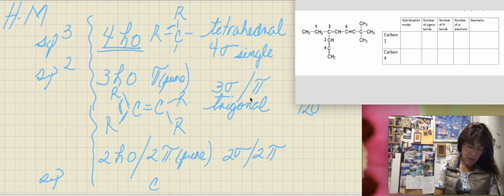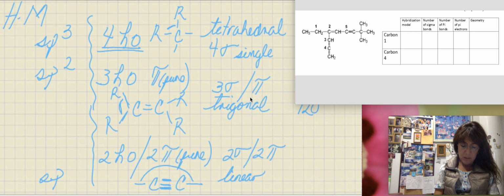This is when you have a triple bond. Each carbon atom is forming two single or sigma bonds and two pi bonds. The geometry of the structure, as you can see, is a linear planar structure forming an angle of 180 degrees. This is a review of the hybrid orbitals.